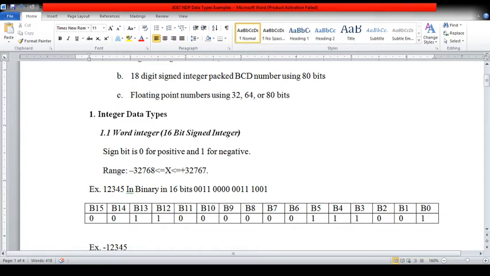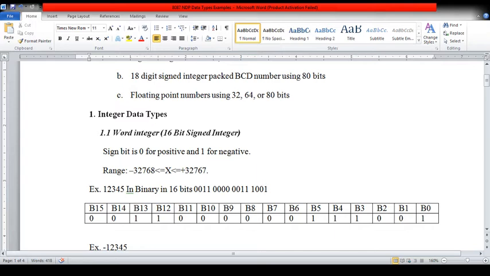Let us take an example of 12345. This is a positive number. The positive number in binary will be represented by 0011 in 16-bit format: all 4 zeros, 0011 and 1001. This is the binary format, and the 2's complement of a positive number will be the same as the given format.